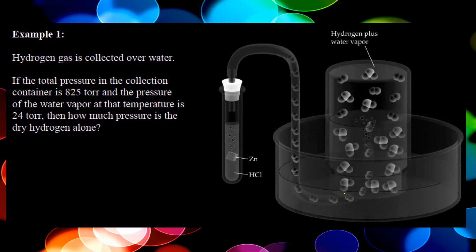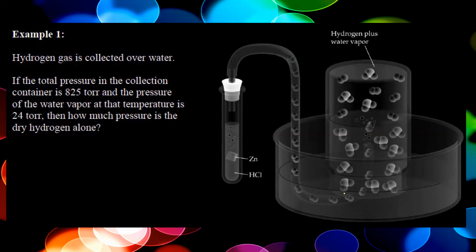Do you remember the lab we did where we caught the hydrogen gas in an upside down test tube, and then we put the burning splint into it and went whoosh? Okay. We did that and I lied to you. I told you that was pure hydrogen in that test tube. It wasn't.